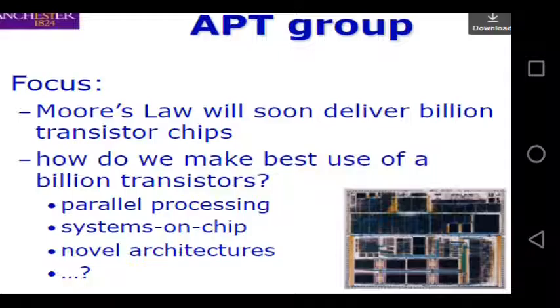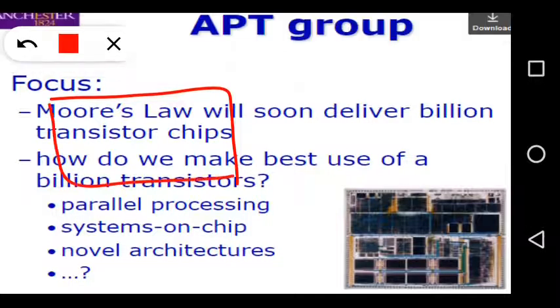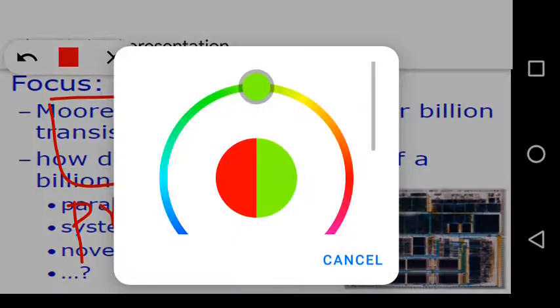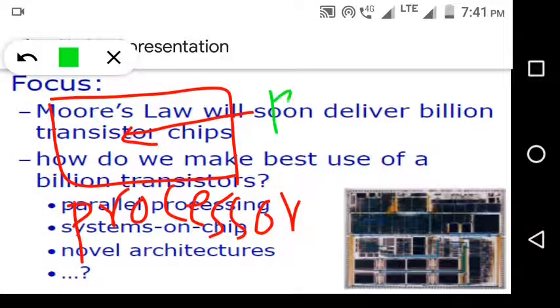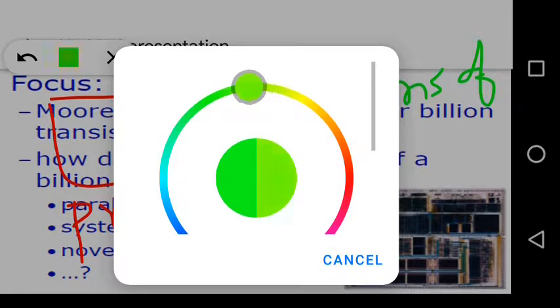Since we are discussing advanced processor technology, you should understand the challenge: if this is my processor, it contains billions of, not even millions, billions of transistors.